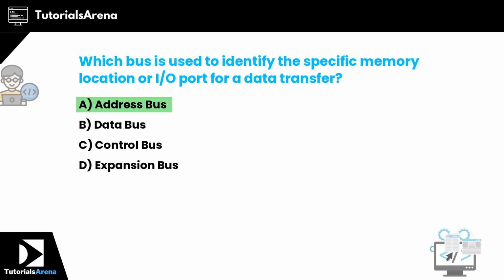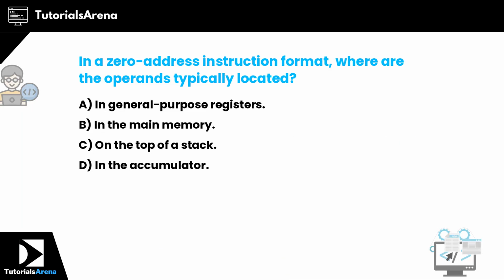The correct answer is option A, address bus. In a zero-address instruction format, where are the operands typically located? The correct answer is option C, on the top of a stack.